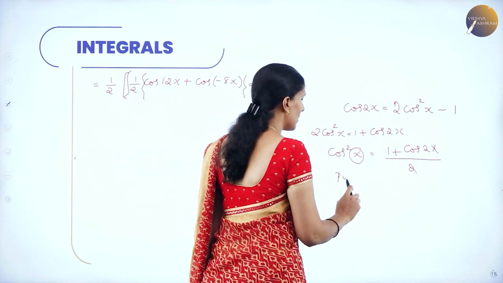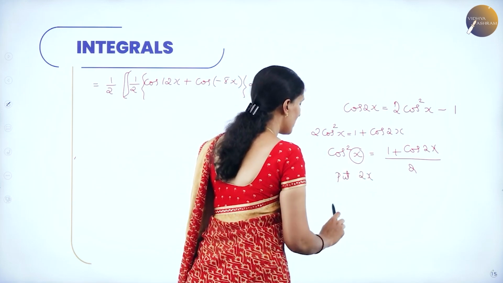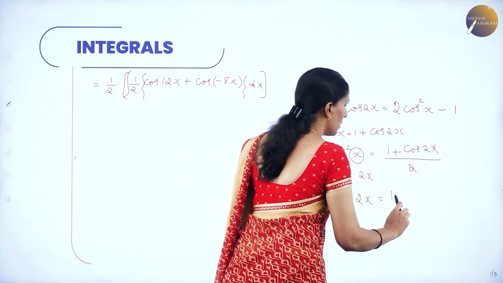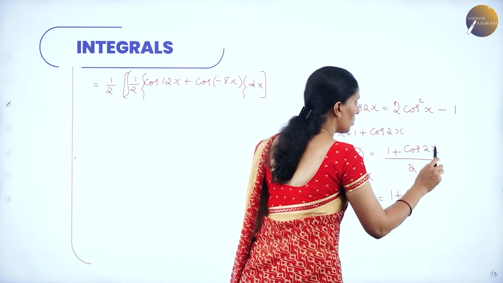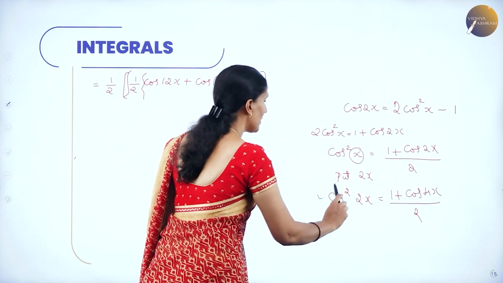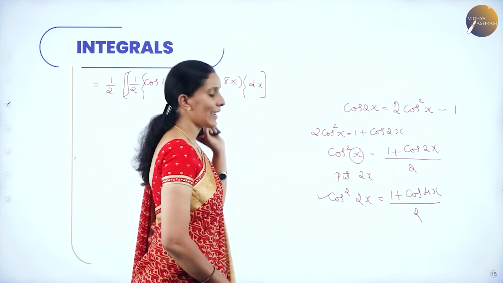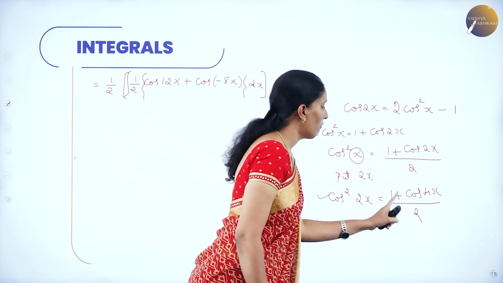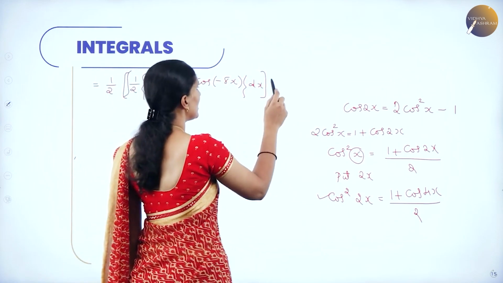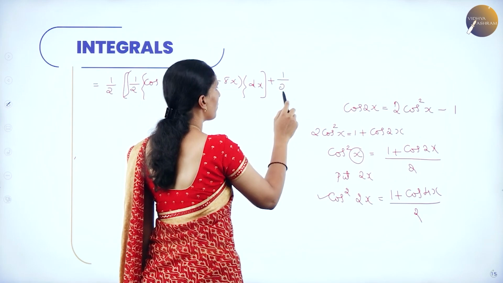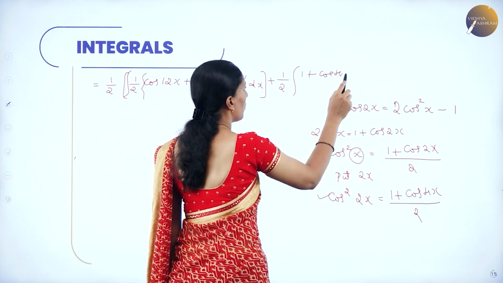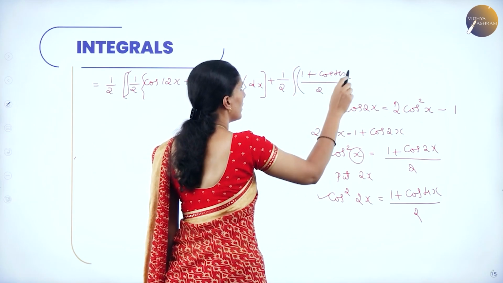Cos square 2x is equal to (1 plus cos 2 into 2x, that is 4x) divided by 2. So in the place of cos square 2x in the second integral, replace it by (1 plus cos 4x) divided by 2. Therefore the second integral becomes half integral of (1 plus cos 4x) divided by 2 into dx.